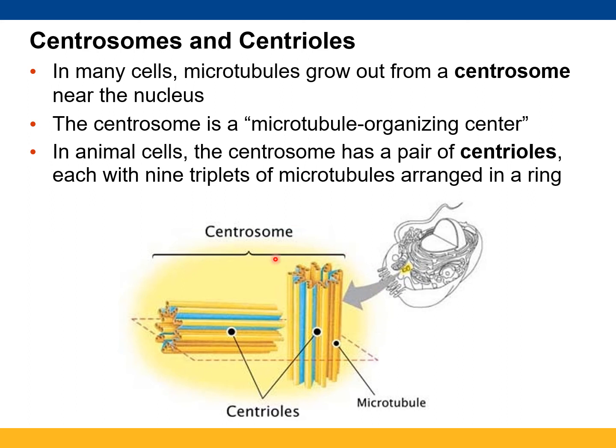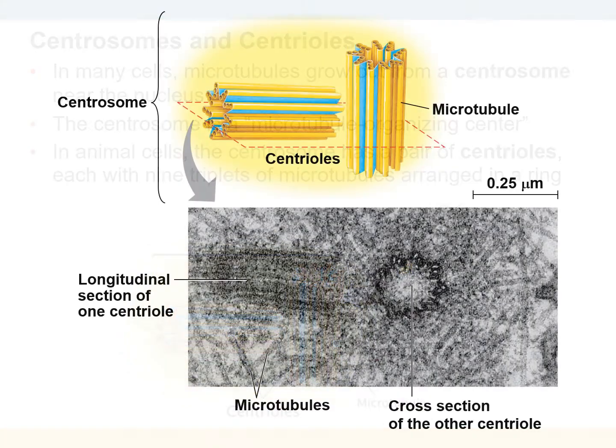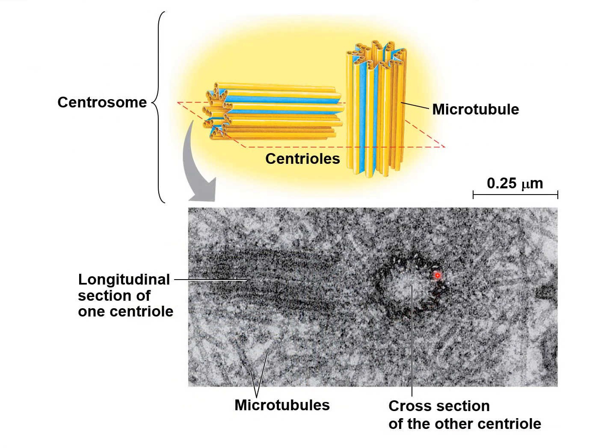So a centrosome is composed of 2 centrioles, and these things can and do grow and project microtubules out from them during normal cell processes and especially during cell division. So here's a centriole. You can kind of see the 9 triplet thing going on there.